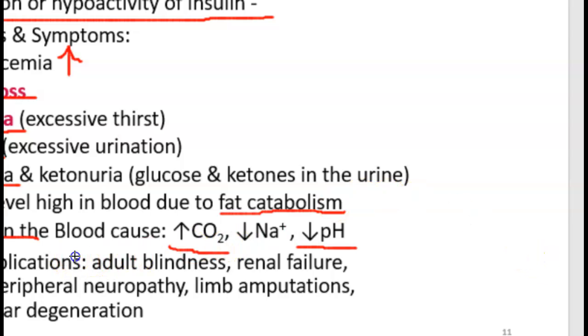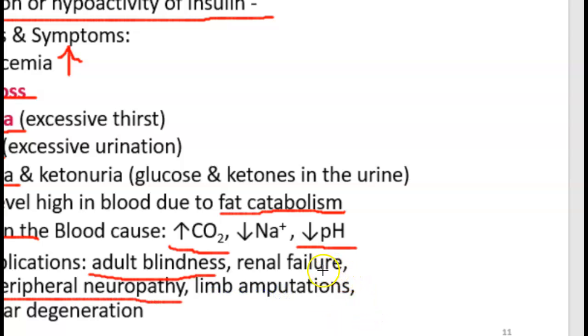So there are some severe complications that result from this drop in pH, increase in carbon dioxide due to ketone bodies, as well as excessive glucose. Many of the complications are a result of nervous system dysfunction, like adult blindness and peripheral neuropathy.